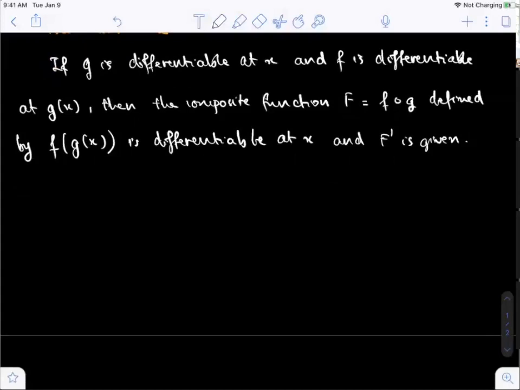So this is the formula. F prime is equal to the derivative of f of g of x.